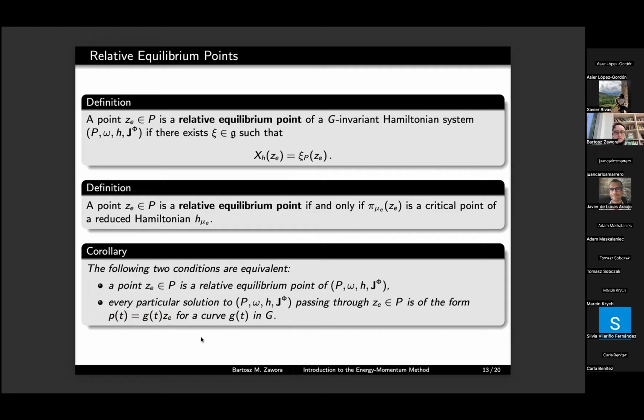So this is exactly what Javi said a moment ago, that the evolution is given by a Lie group symmetry, by a curve in the Lie group G. And in fact, since the particular solution is always contained in the level set of the symplectic momentum map, we actually conclude that this curve is not in G, it's a curve in G mu.